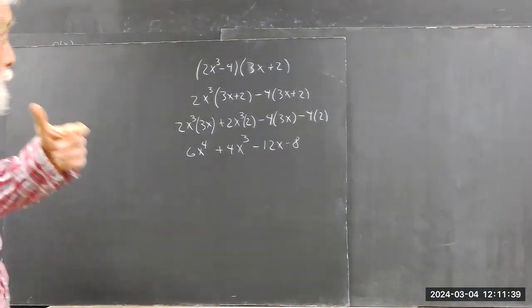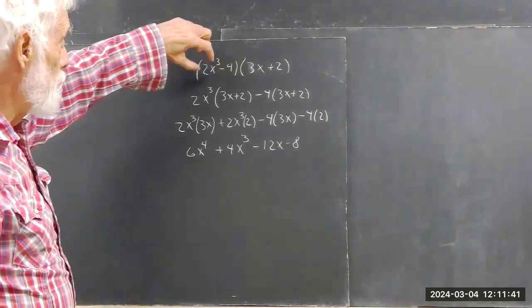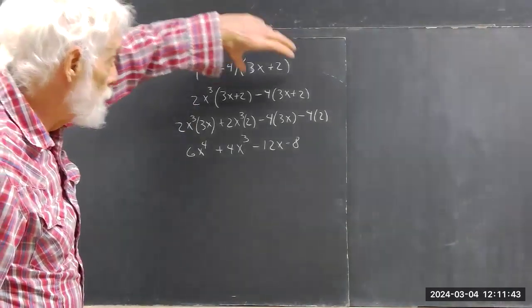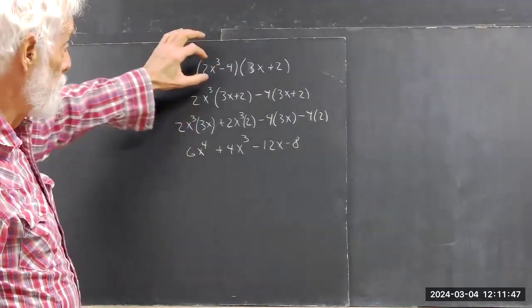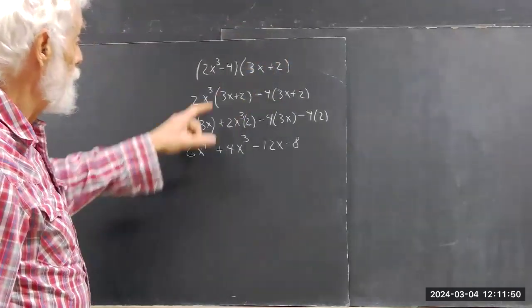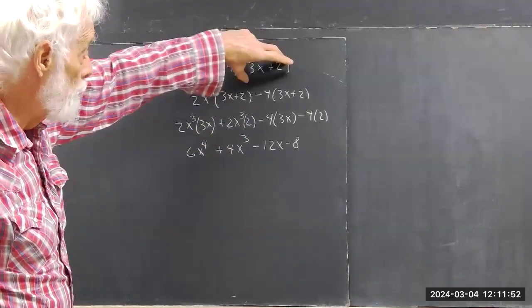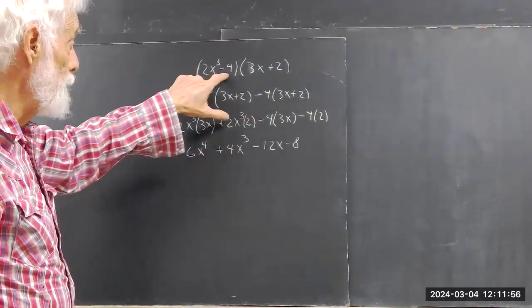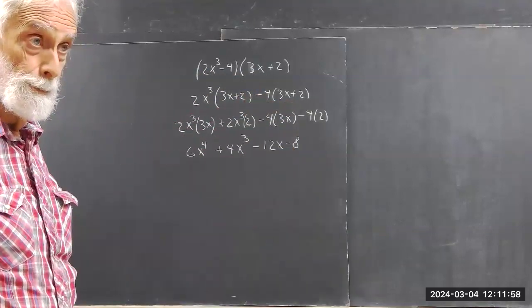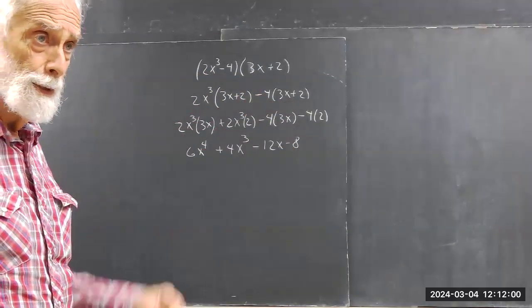So we do this in 2 steps. We multiply everything over here by this whole chunk. Okay? So we multiply this by all this, and then we multiply this by all this. Here we have this multiplied by this, and we have this multiplied by this. Make sense? See the pattern?